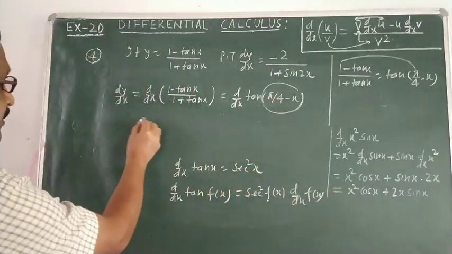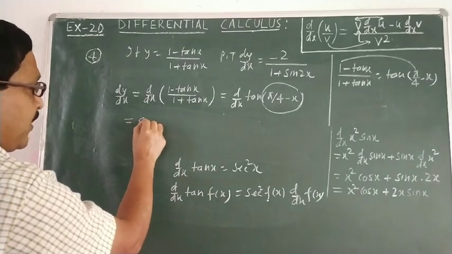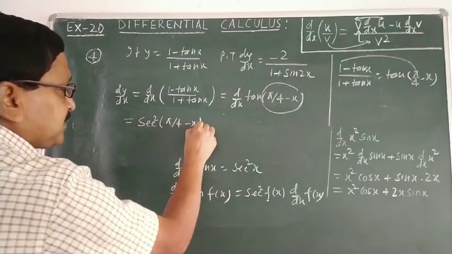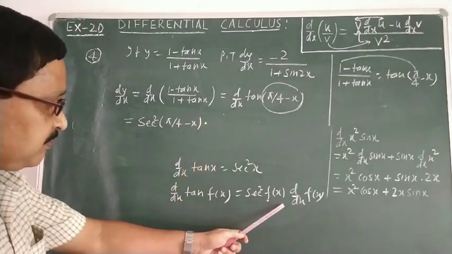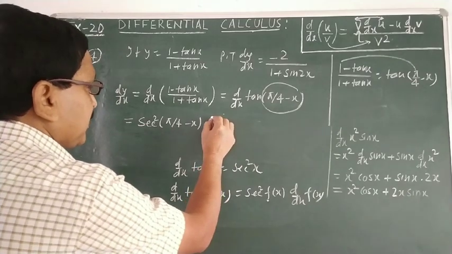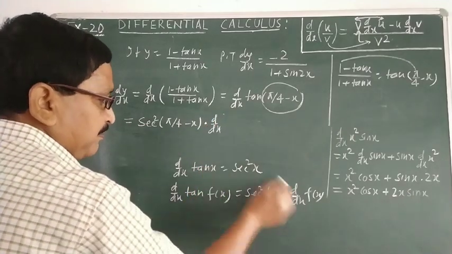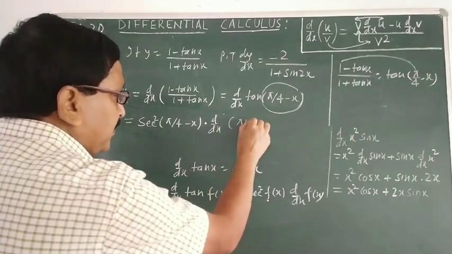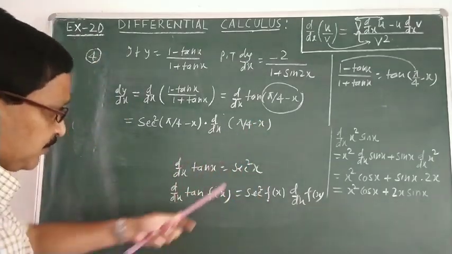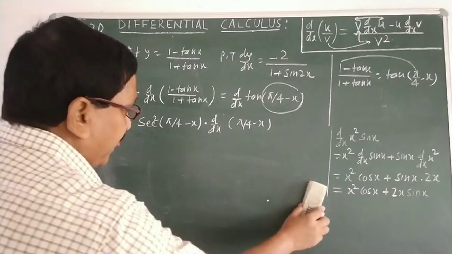Now again, this is sec square of pi by 4 minus x into d by dx of f(x), where f(x) is pi by 4 minus x. So now you have to differentiate this.